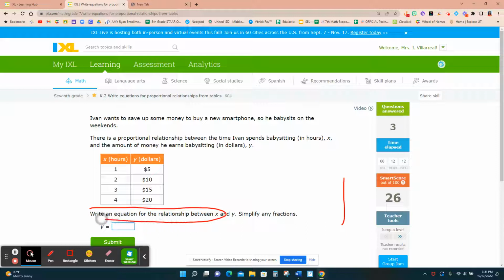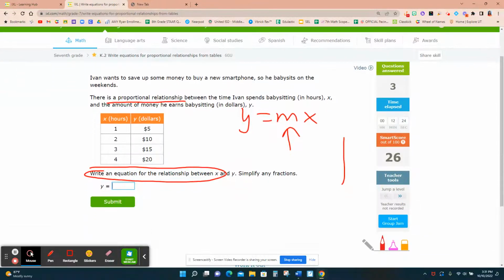So we are going to be writing an equation. Remember, the equation should look like this, a proportional relationship equation, okay? So how are you going to get this number? Well, you're just going to divide y by x, y divided by x.